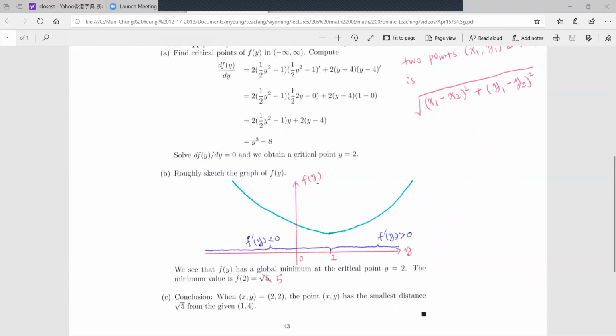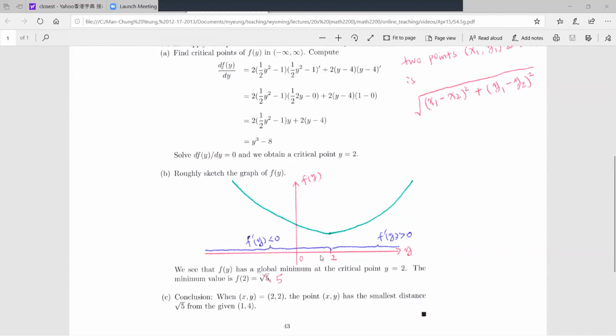Therefore, the graph of f is decreasing on this interval. Similarly, on the interval 2 to positive infinity, arbitrarily pick a point, plug it into the derivative, and we see that the derivative is positive.